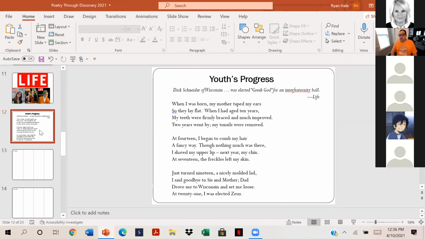Underneath the picture, there was a caption, and it said, Dick Schneider, that's an unfortunate name, Dick Schneider of Wisconsin was elected Greek god for an interfraternity ball. So we have a picture that we don't get to see today, but underneath it was written, Dick Schneider of Wisconsin was elected Greek god for an interfraternity ball.